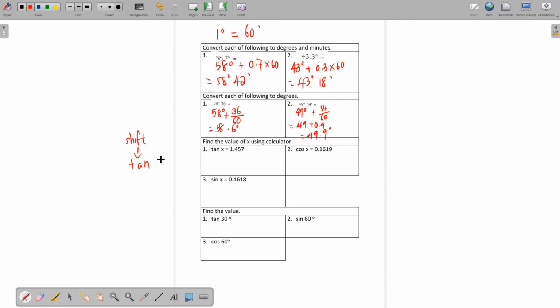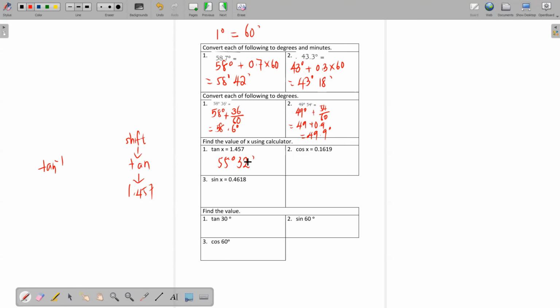Then you will see in your calculator something like tangent -1. Only when you see this tangent -1, then you key in your number, like this one, 1.457. Then you should get 55 degrees, 32 minutes.